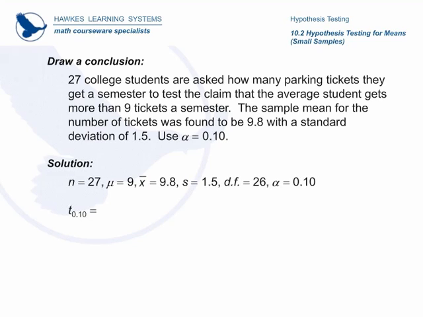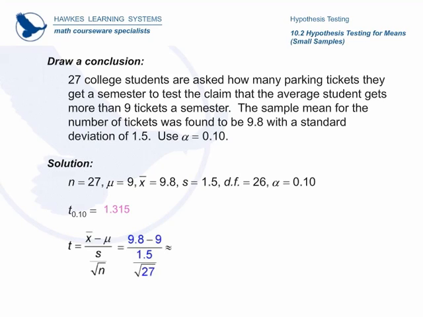First, let's start with our t for our level of significance. And on our chart, that equals 1.315. And taking our t-score formula, we've got our sample average minus our population average, divided by our standard deviation divided by the square root of our sample size.